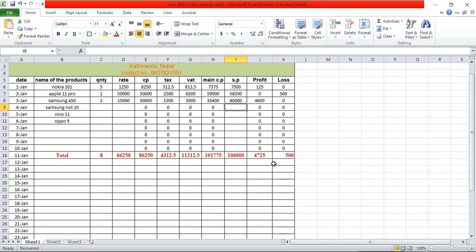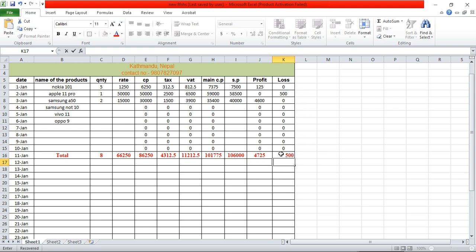Here you can make the final amount also. Like here you can set the formula, if it is empty, required, is equals to, okay, bracket start, and you can set profit minus loss for the net profit, or profit minus loss for the net loss also. Okay, or you can set the cash in hand if the profit is more.